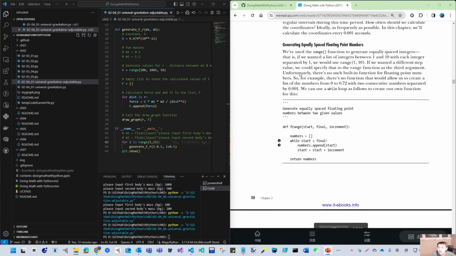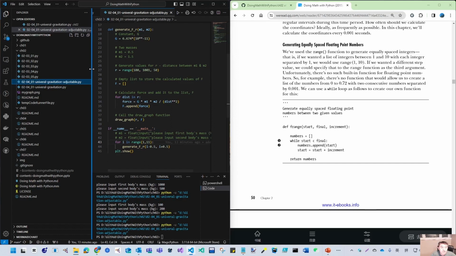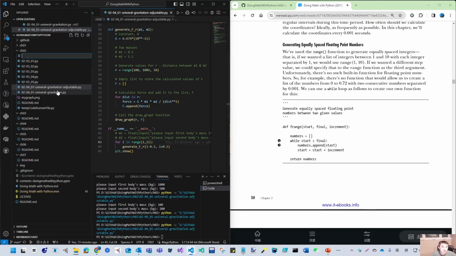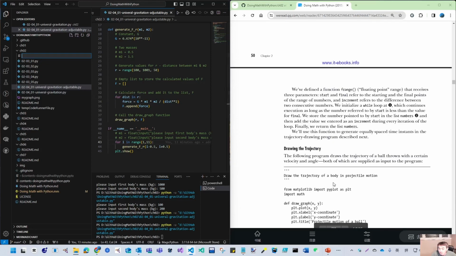Firstly, we need to generate our equally spaced floating point numbers. So let's create our first code. This is a part of this drawing strategy, so we directly go to this one. So it's a 0, 2 and 0, 1.